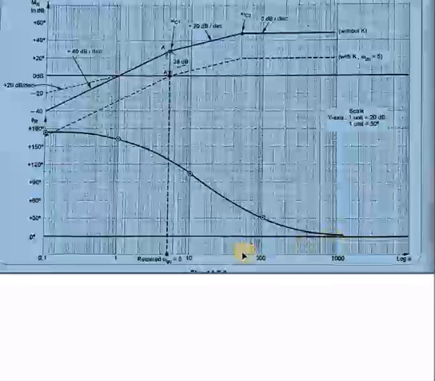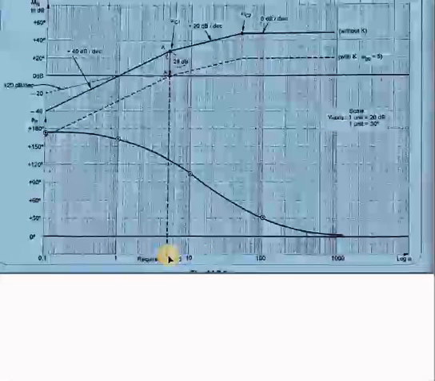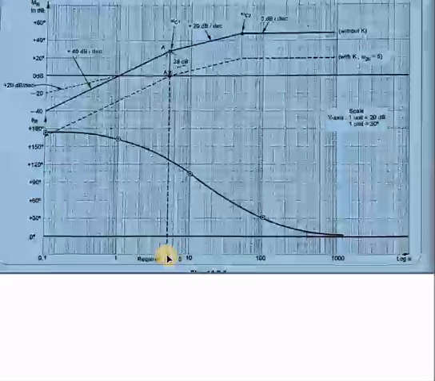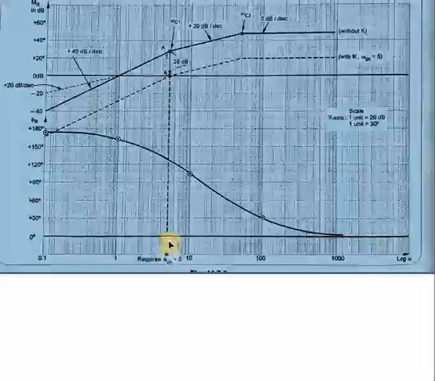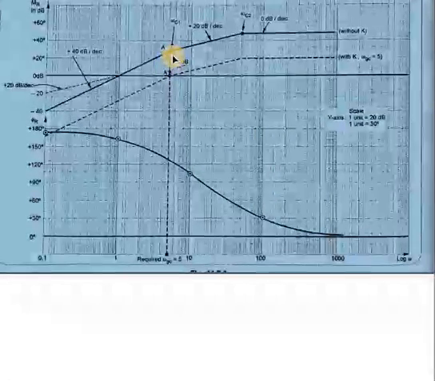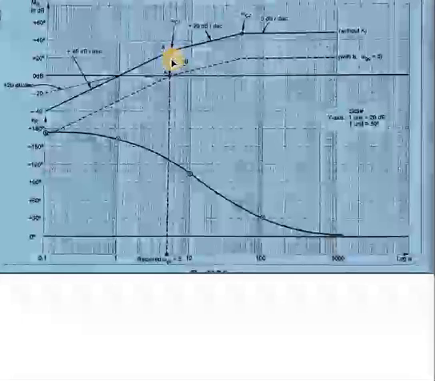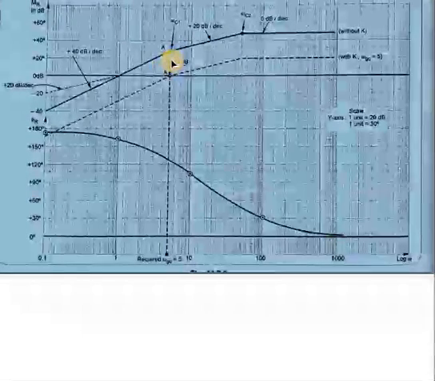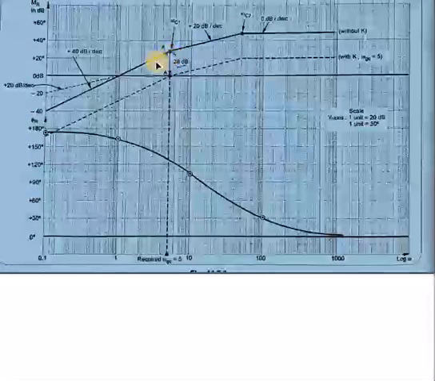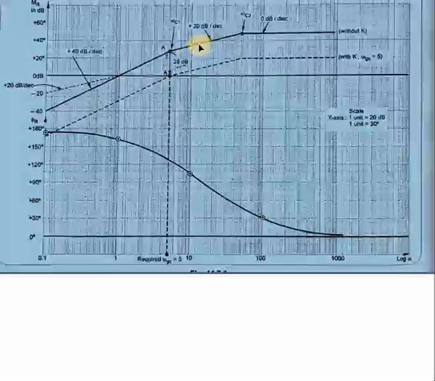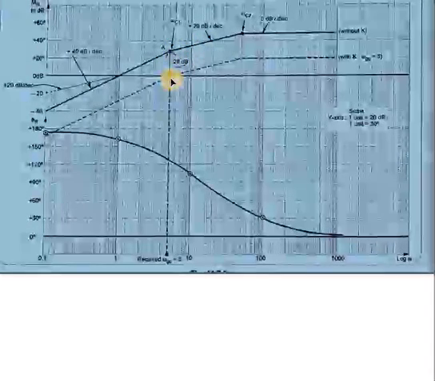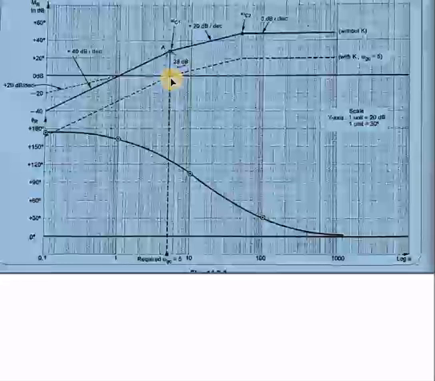So now I will mark the omega GC, it is given in this statement. From this point I will draw a vertical line up to this magnitude plot. Okay, so according to the standard condition, wherever we are considering the omega GC, at that point this magnitude plot should intersect with the 0 dB line.